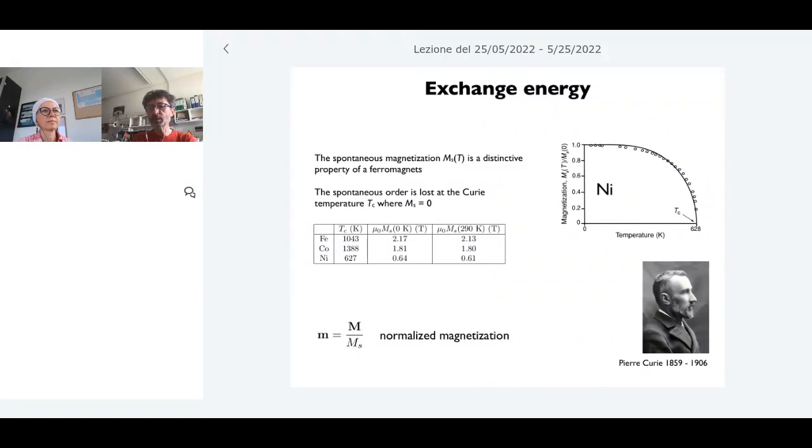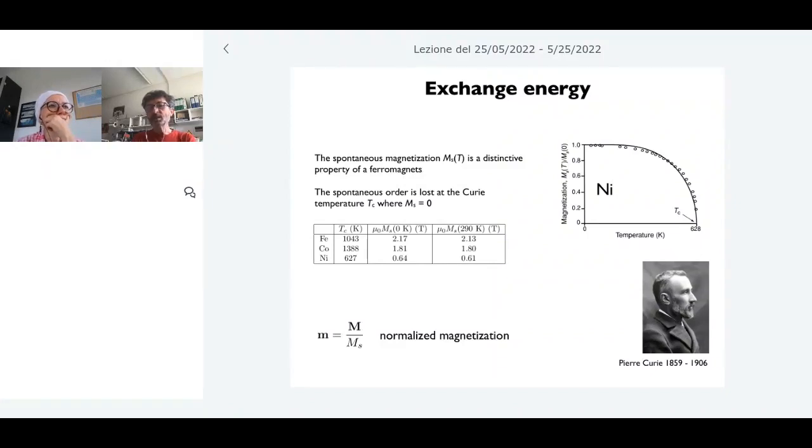Phenomena that in physics go under the name of fluctuations and universality, so a lot of phenomena that occur when the thermal energy starts to destroy this order.